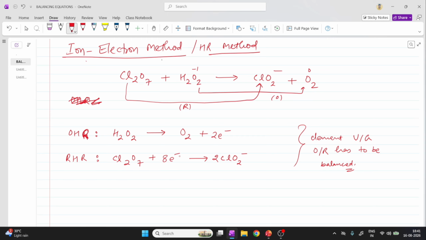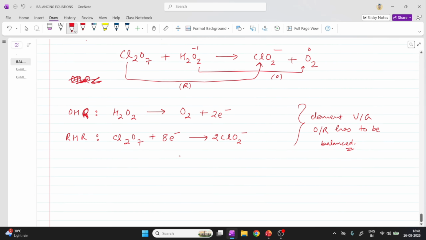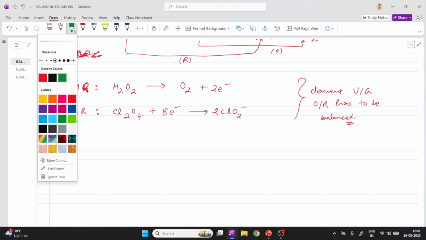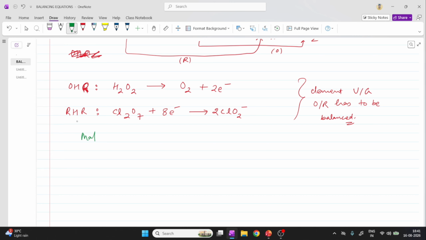So this is the equation that I have for the half cell reactions, and now the next step is to make the number of electrons equal by multiplying.